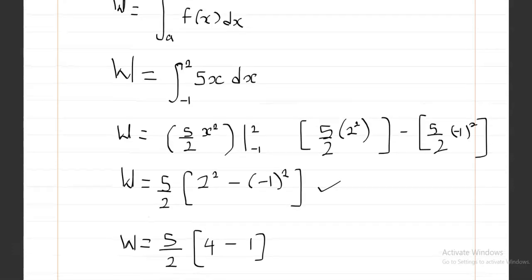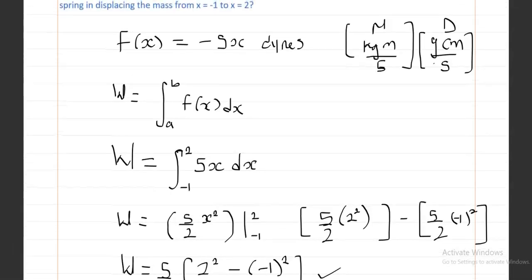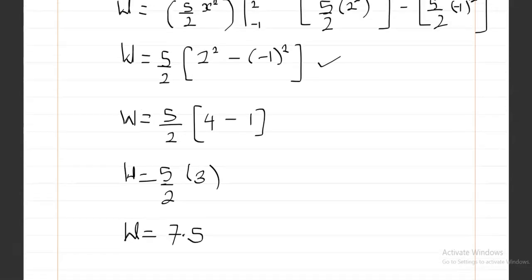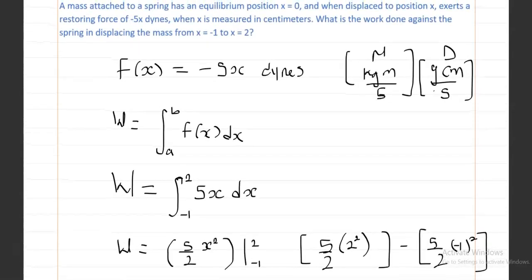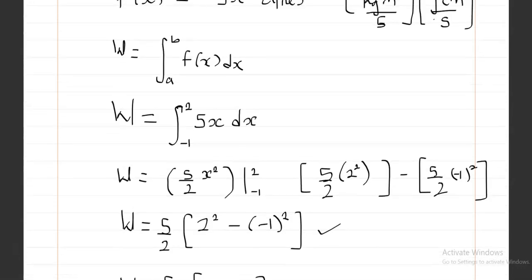Our force is in dynes. If our force were in Newton, then joules would have been in order. But now our force is in dynes, so what are we going to do? Take notes that our x is measured in centimeter. That was why we could plug it in, because our force is in dynes.